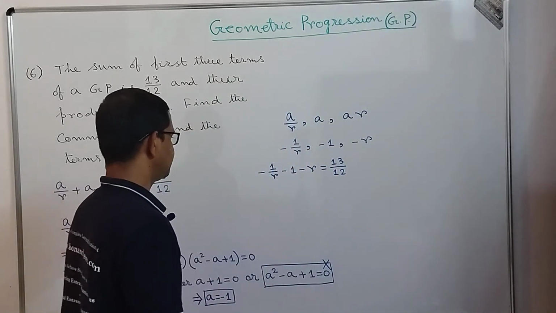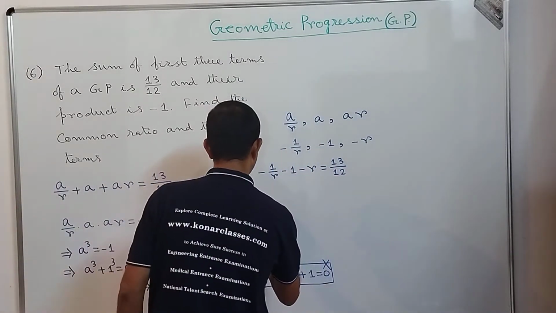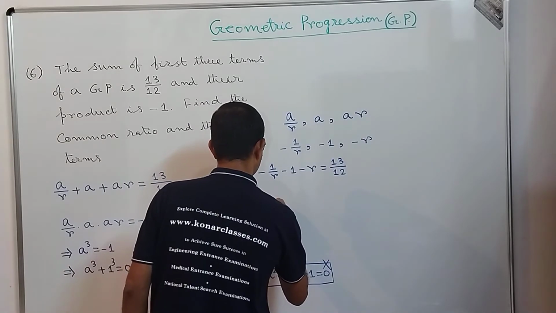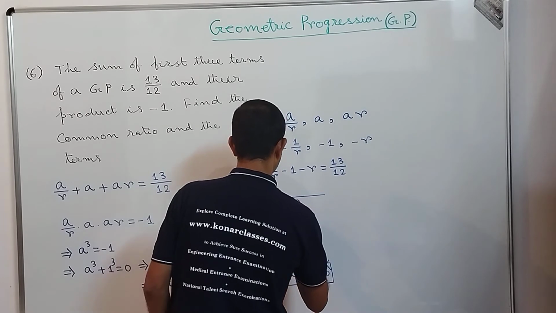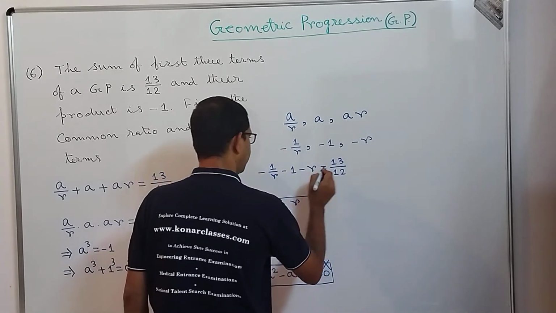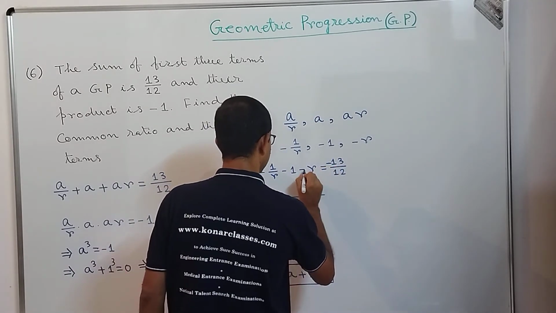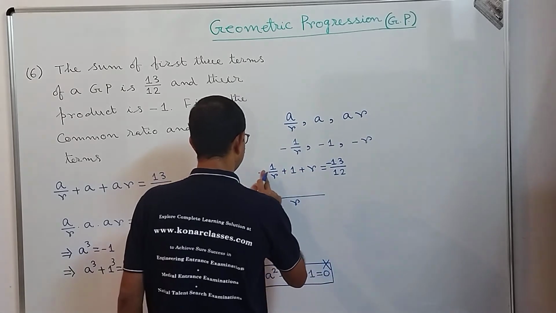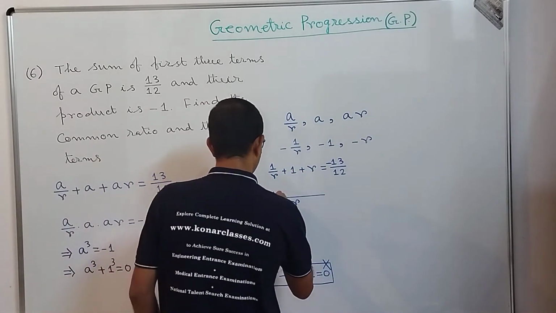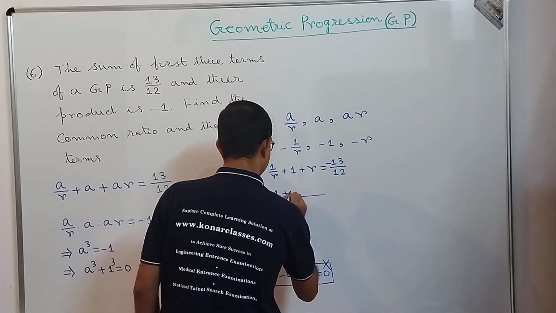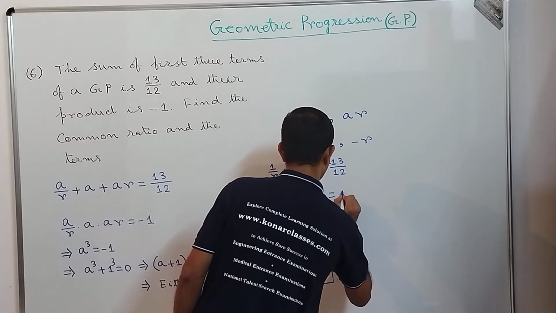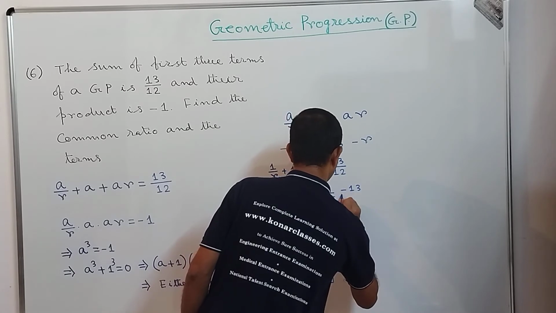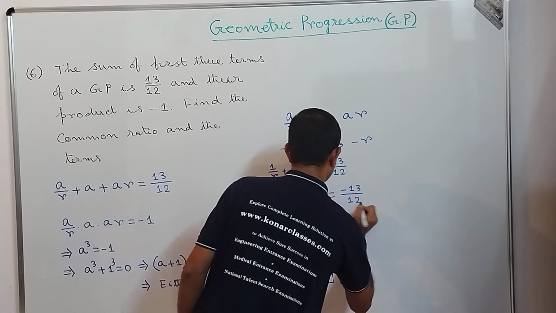Correct? So from here what we get, dear students? From here we can write, we can take this r common, and we can take this all plus, and here we can bring it minus, so you can make it plus. Okay, so r, so here we get 1 plus r plus r square is equal to minus 13 divided by 12.